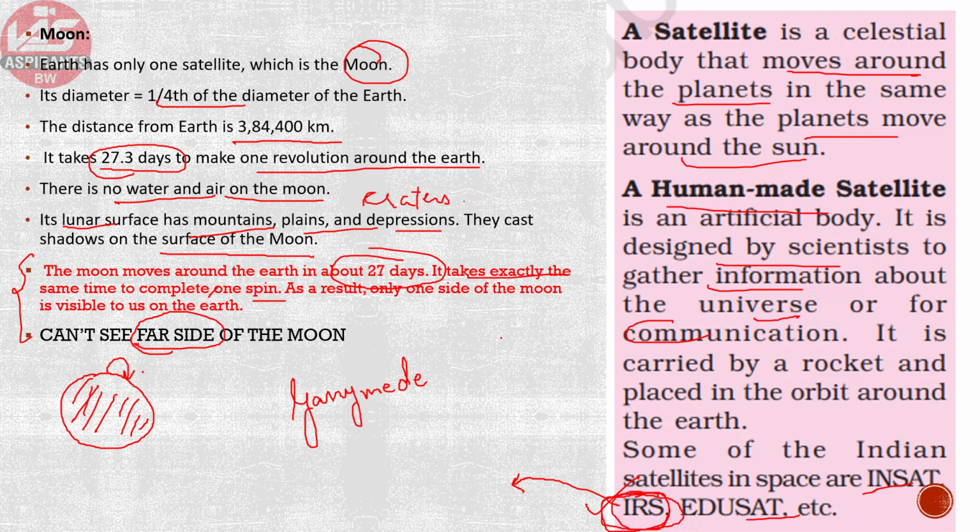So after one spin and one revolution, it is again at the same position, and we see the same side which we were seeing earlier. So only one side of the moon is visible to us on the Earth, and we cannot see the far side of the moon. Recently a country has sent a mission to study the far side of the moon.